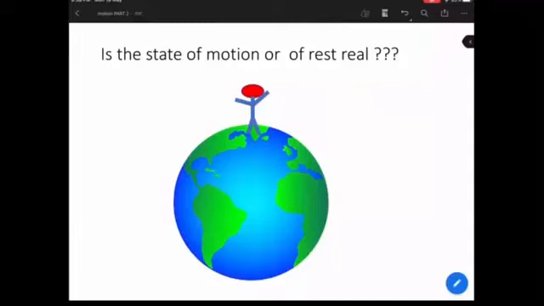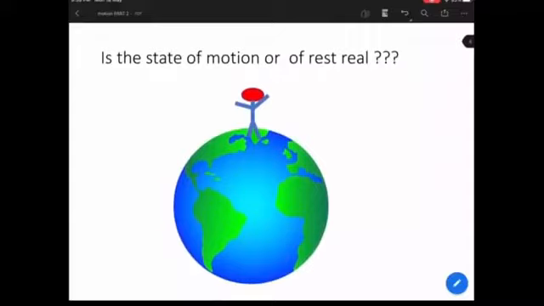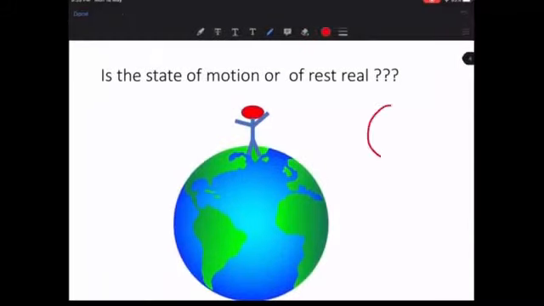But suppose you have a friend on some other planet, and just take a hypothetical case that he is able to watch you from there. Or suppose he is on the moon. What will he feel? Because the earth is continuously rotating, he will feel that you are also in motion and not at rest.